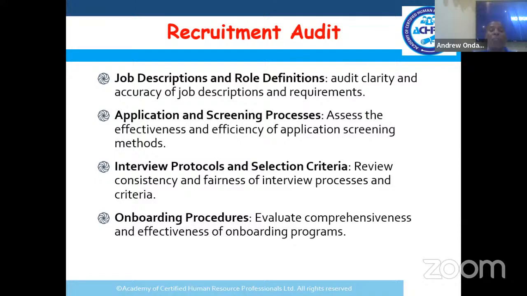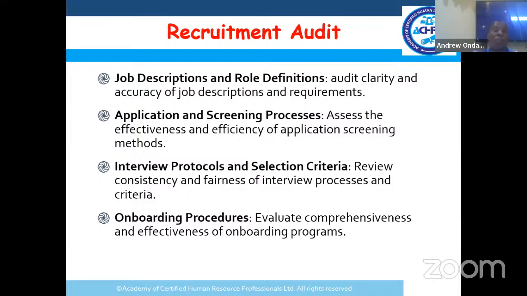An example is where you have so many candidates applying, and then you take another whole month to do a shortlist. That can be very tedious because of a poor job description. So in recruitment audit, we look at clarity of job descriptions and the key requirements in these jobs.